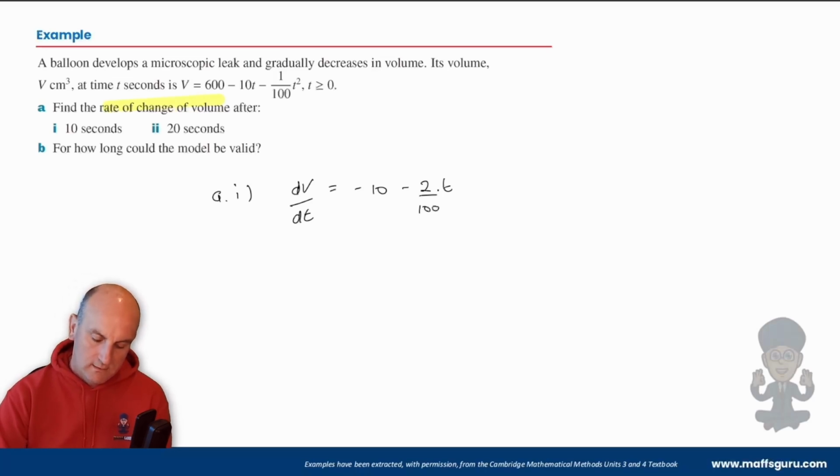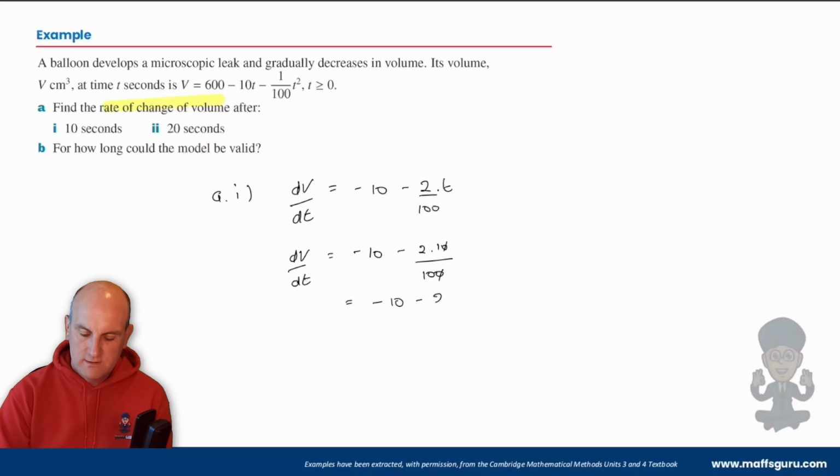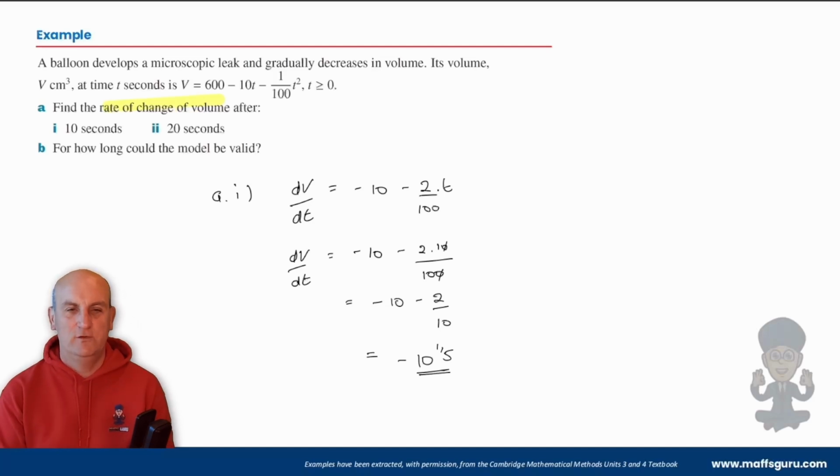So dV by dt is going to give me minus 10 times minus 2 times 10 on 100. That's going to cancel. So you get minus 10 minus 2 on 10, which is going to basically give you minus 10 and 1/5. Again, it's just sort of shortcutting that because you can do that.